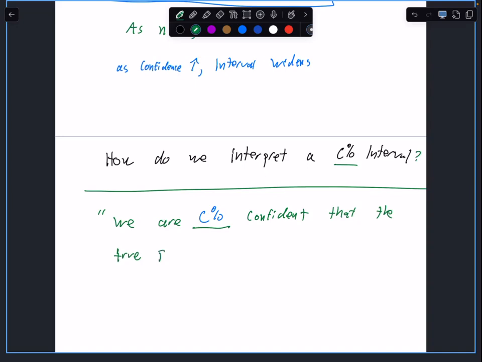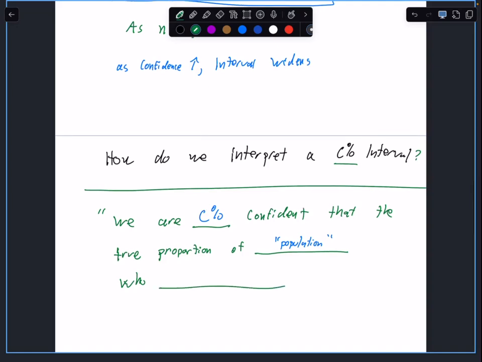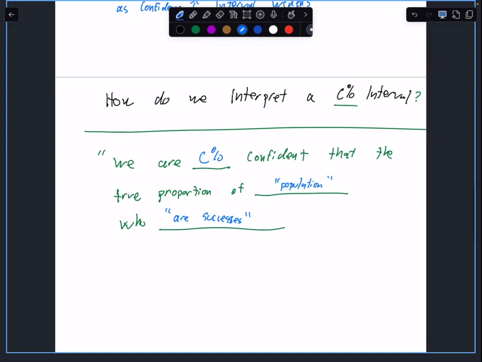The true proportion of blank, the population, who blank, whatever is defined as our successes, you have to use the context of the problem, is between blank and blank.